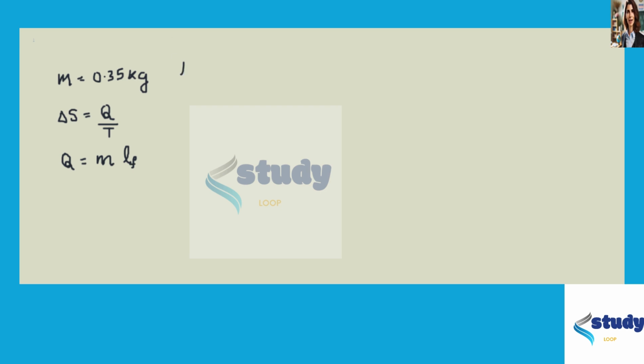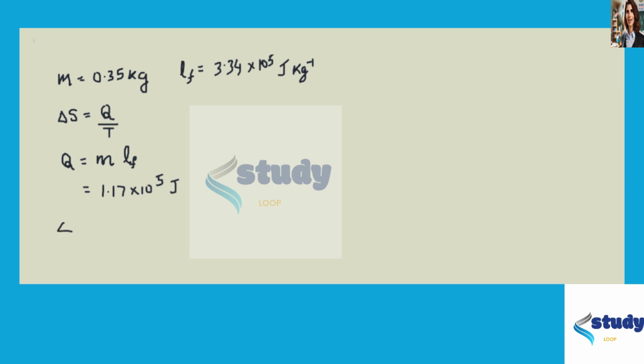Now we know that the latent heat of fusion, the value for this is in SI unit 3.34 into 10 to the power 5 joule per kg, right? So let me use these two values of M and LF in this equation, then you can get the value for Q to be 1.17 into 10 to the power 5 joules. So this much amount of heat was given to the ice.